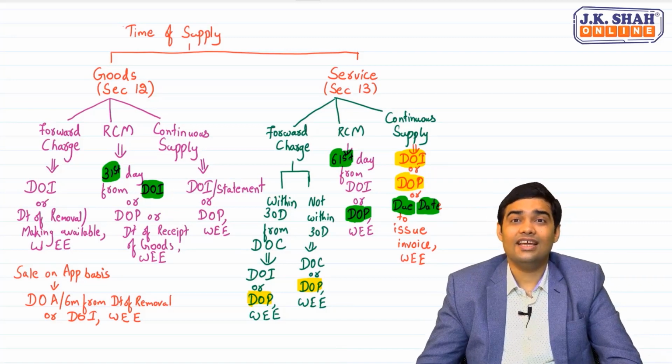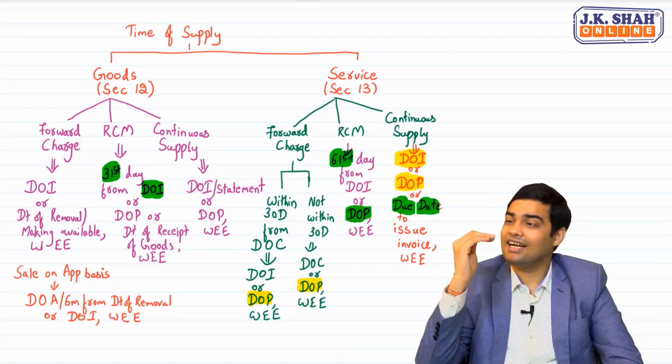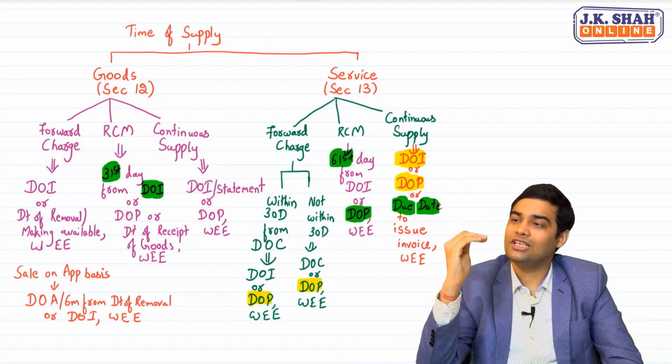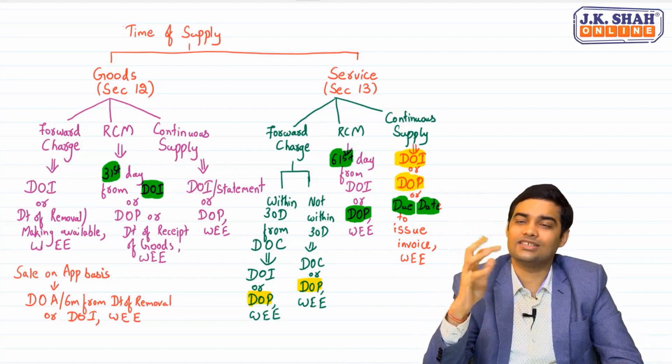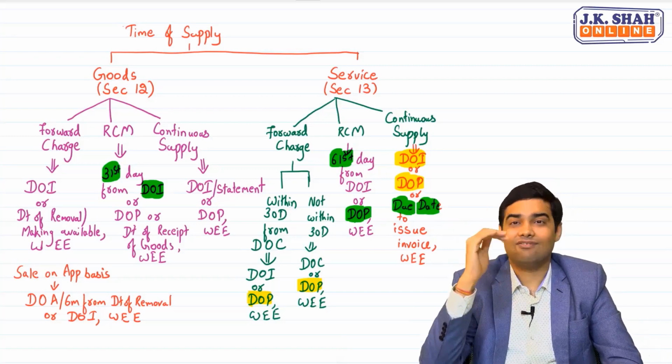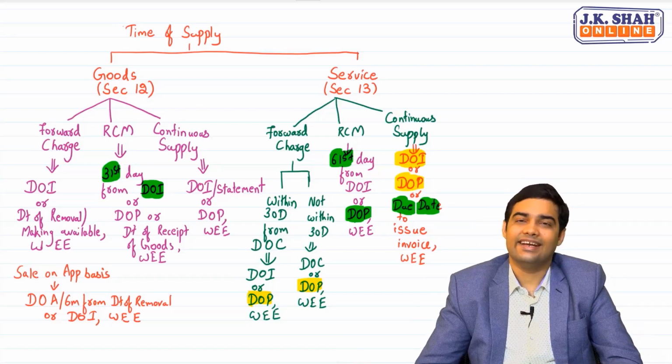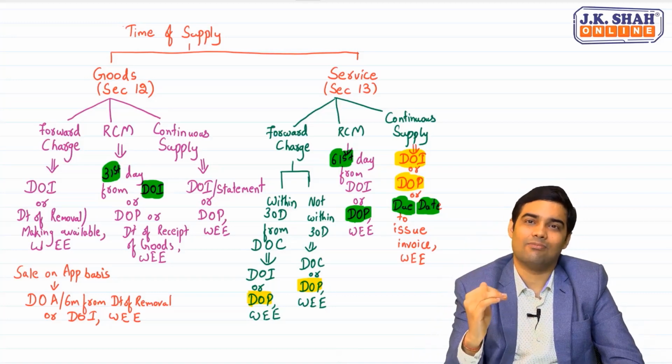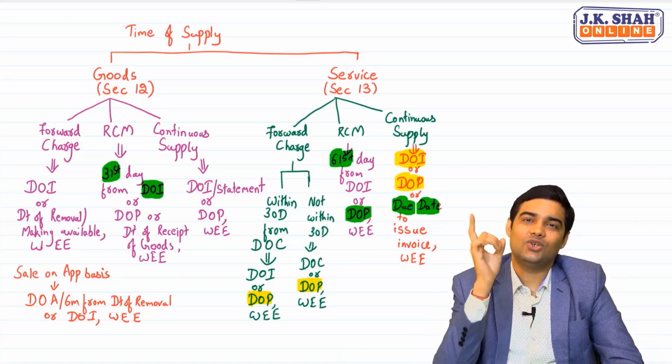Sir, if the contract says that payment will be based on completion, if first floor is completed, this much will be paid, second floor is completed, this much will be paid. If that is given in the contract, then the day first floor is complete, that becomes the due date to issue invoice.